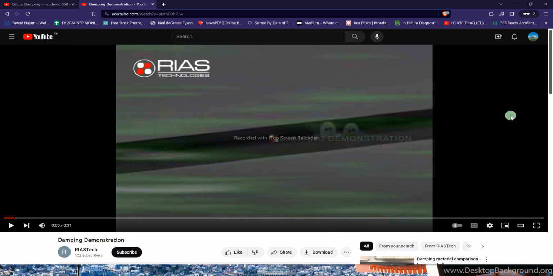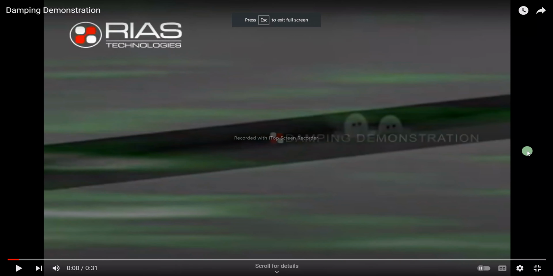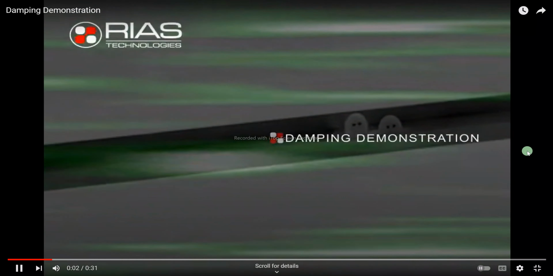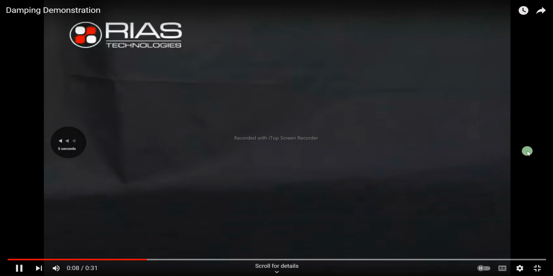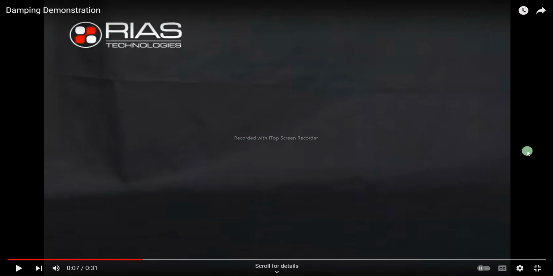For instance, I want to show you a video of damping, so you can better appreciate it. Here there is a ball, and if you release that ball, the ball will bounce until it reaches a point where it stops.